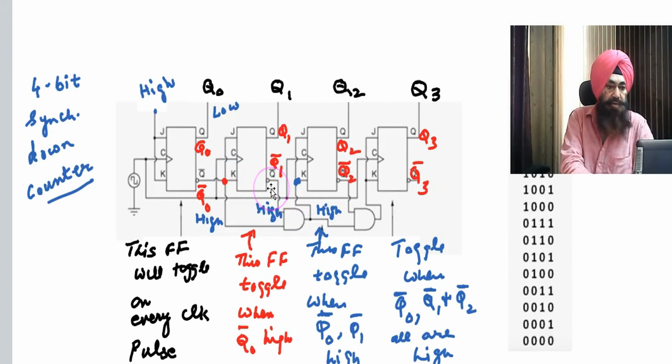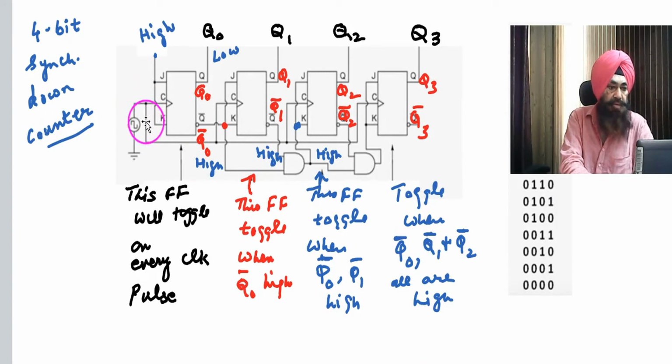Now one thing is there. Here, we are taking the output of the first flip-flop, Q complement, as the input given to J and K together. Q not complement is applied to the second flip-flop, and then Q1 is given to an AND gate, Q0 is given to the AND gate, and the output of that is applied to the JK of the third flip-flop.